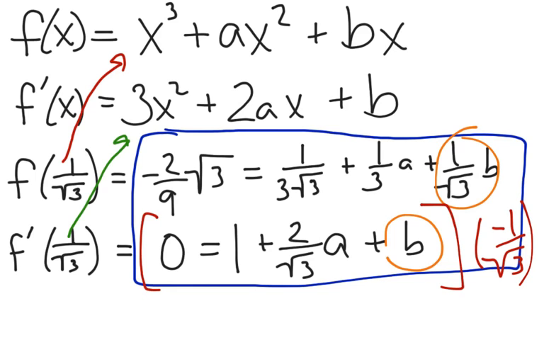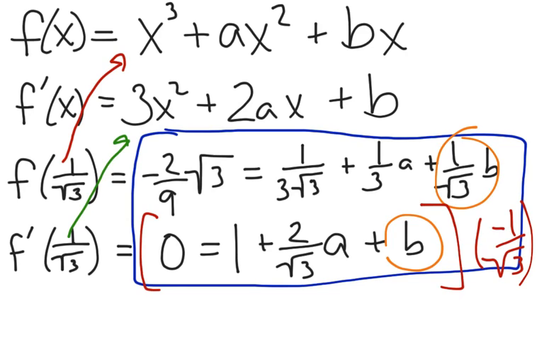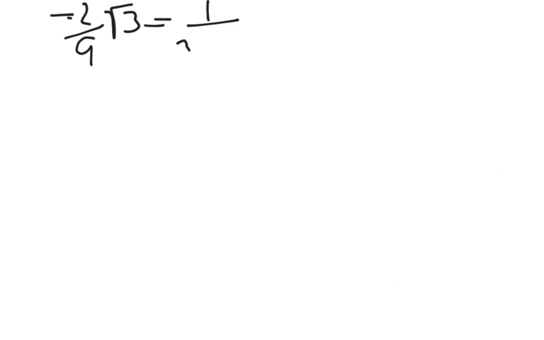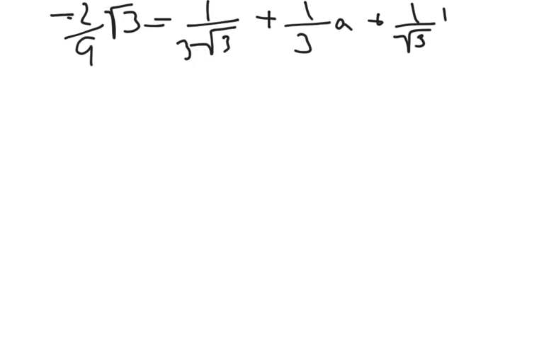So let me take a look here. I'm going to have my first equation, negative 2/9 root 3 equals 1 over 3 root 3. This equation is staying the same. I'm not multiplying it by anything. Plus 1/3 a plus 1 over the square root of 3 b.